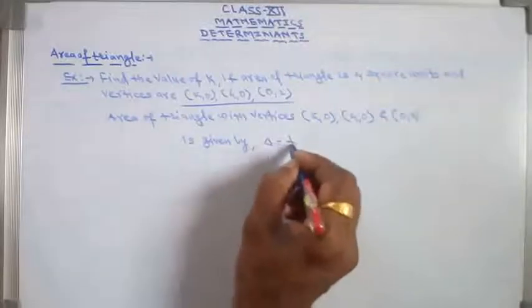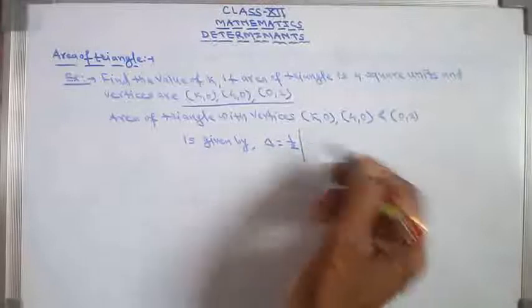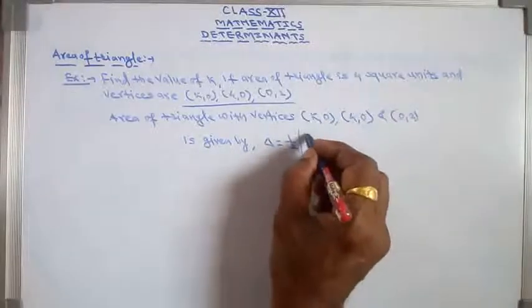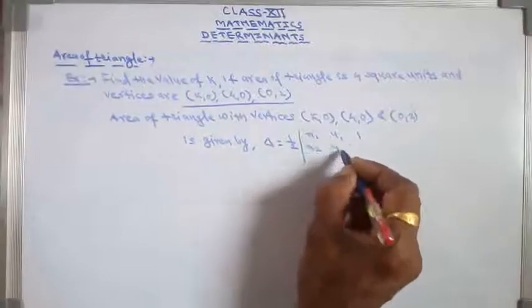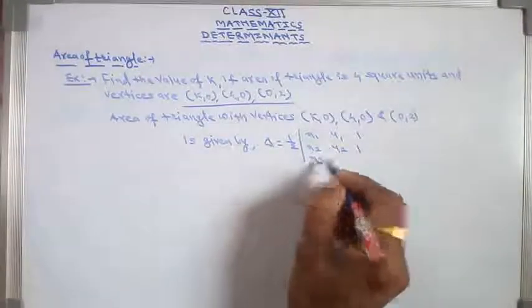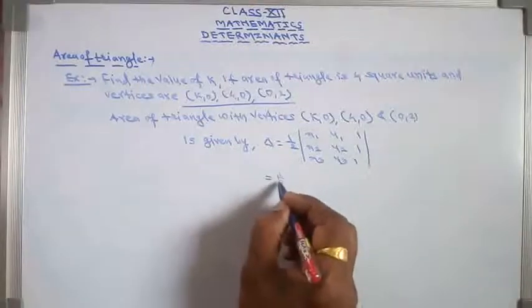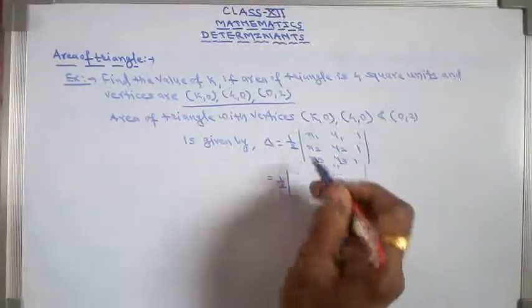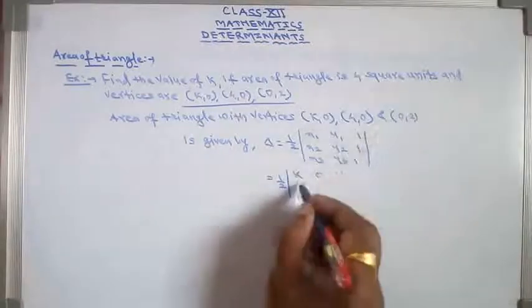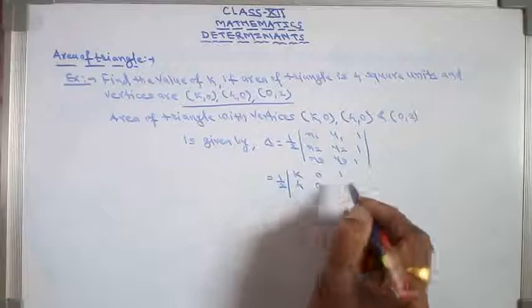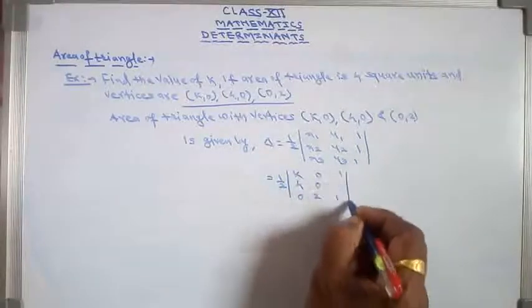delta equals half into the determinant. This is our formula: x1, y1, 1; x2, y2, 1; x3, y3, 1. So put the values: k, 0, 1; 4, 0, 1; 0, 2, 1.